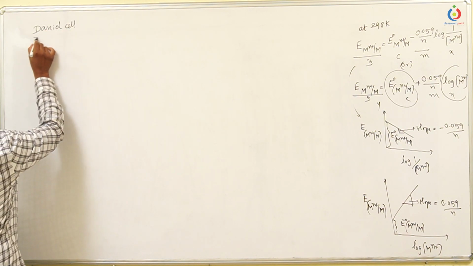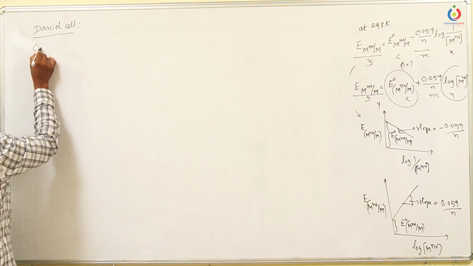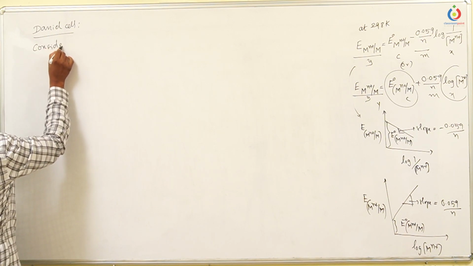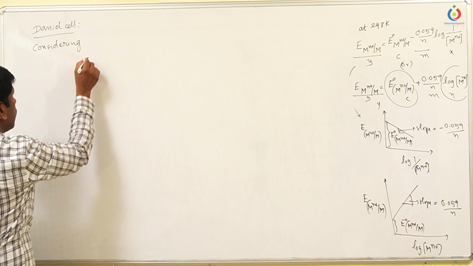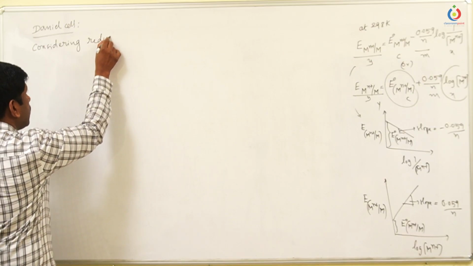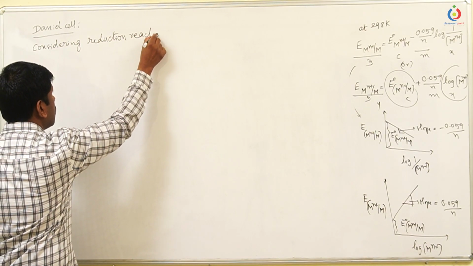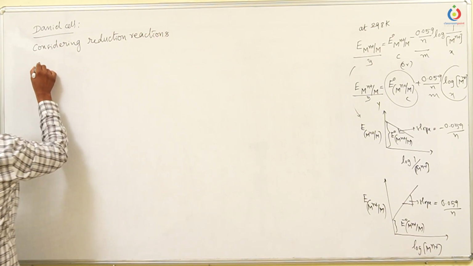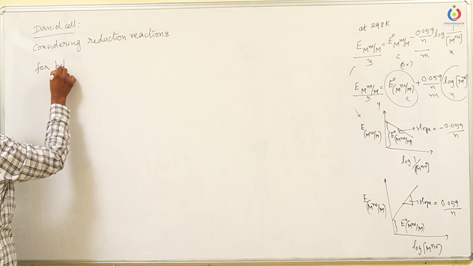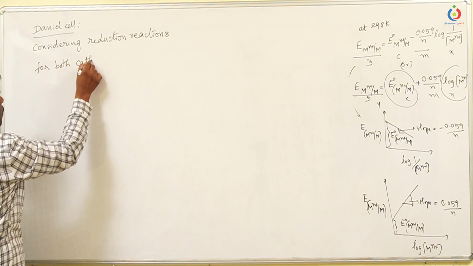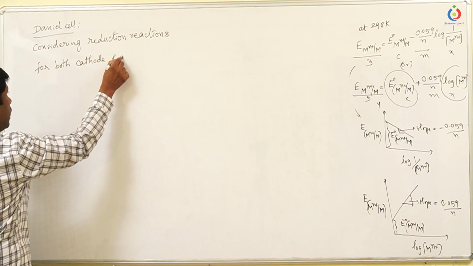So, Daniell cell electrode reactions, considering reduction reactions for both cathode and anode.